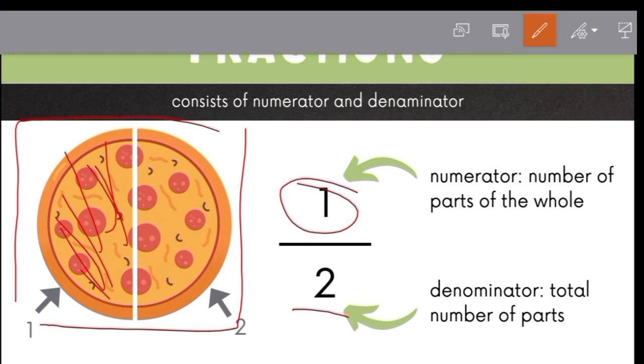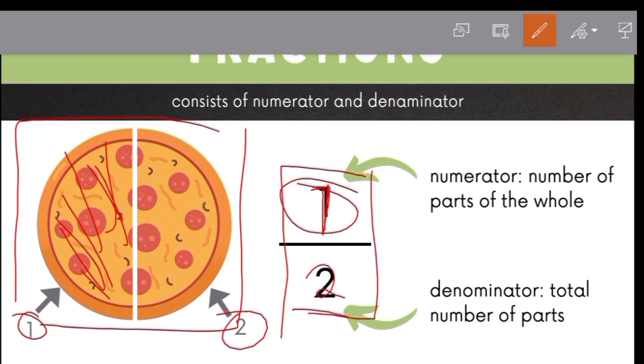Since what is asked is that I ate only one slice, our numerator will be 1. And since the denominator is the total number of parts, we need to know how many slices there are. So there are 2 pizza slices, so our denominator will be 2. So the fraction of pizza that I ate will be 1/2.